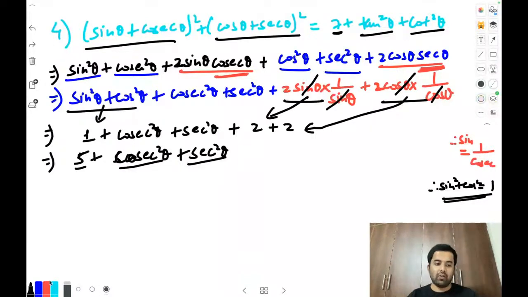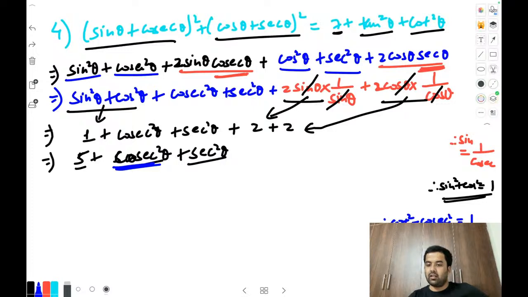How to change it? If you remember, two formulas were there. The first formula was cot square minus cosec square equal to 1, and the second formula was sec square minus tan square equal to 1. These two formulas were there, right? So in place of cosec, can we keep cot square plus, sorry, minus 1?